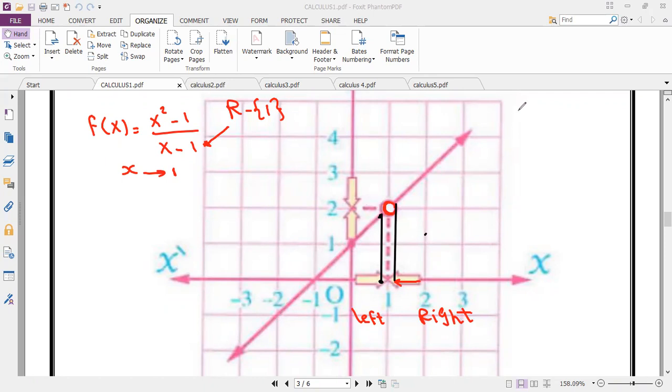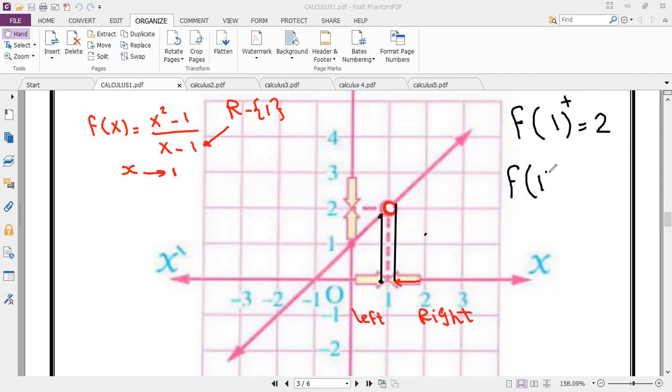So the limit from the right, we call it f of x as x approaches 1 positive. It's called the limit of the function from the right. It's 2 when x approaches 1.